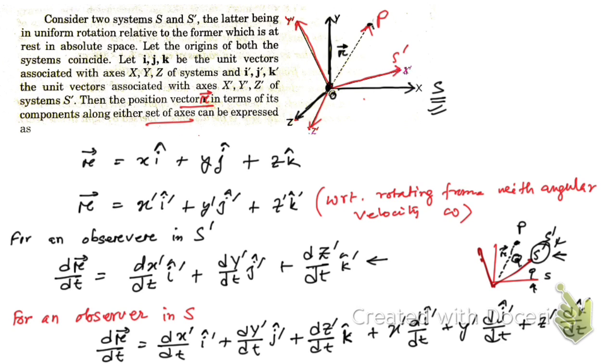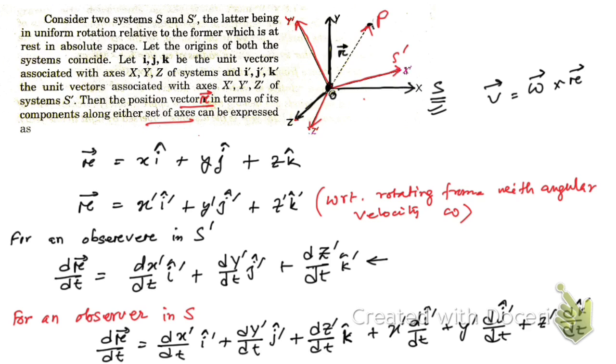Okay, so hope you have understood this. Now you see, we know that velocity is equal to omega cross r. We know these things, right? And velocity is nothing but the time derivative of r vector, right?